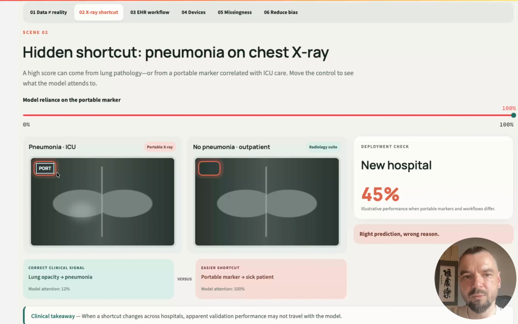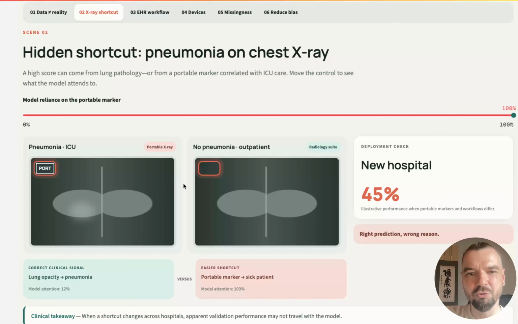So once it sees that this is the portable scanner, it will say that this is disease. And if not, it will say, okay, the patient is healthy because it's another scanner. In my previous data set, patients from a different scanner were healthy.